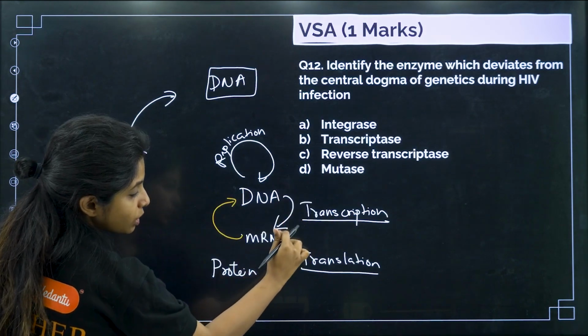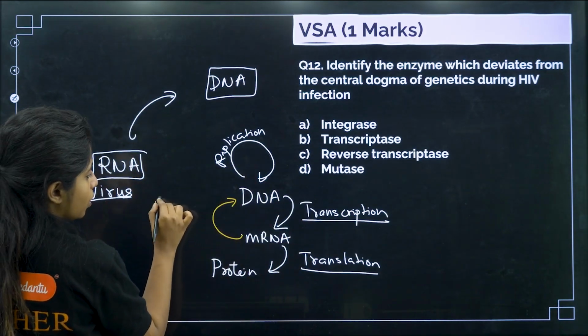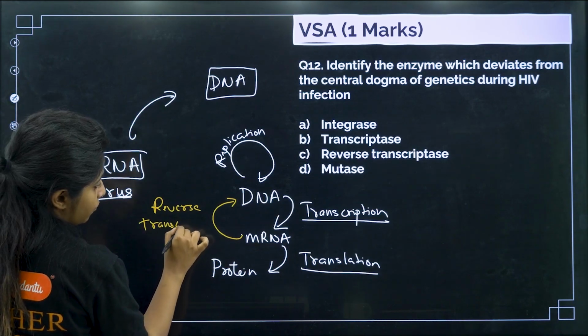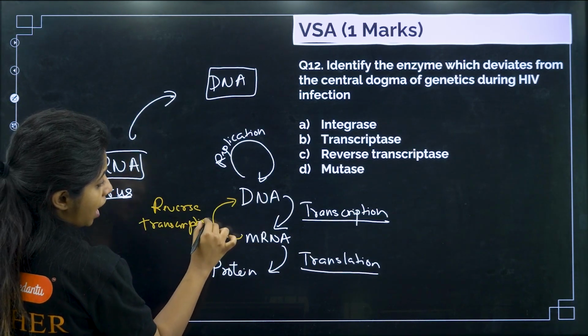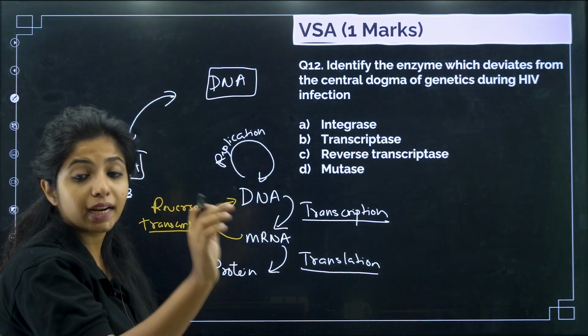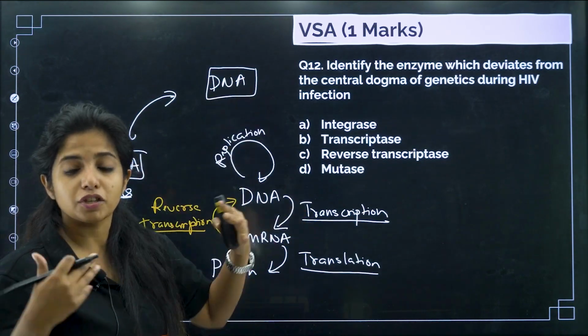This is transcription; if I am reversing this process, what do I call it? Reverse transcription, where with the help of RNA I am going to make a DNA, and this DNA I am going to put inside the human DNA and make its copy.